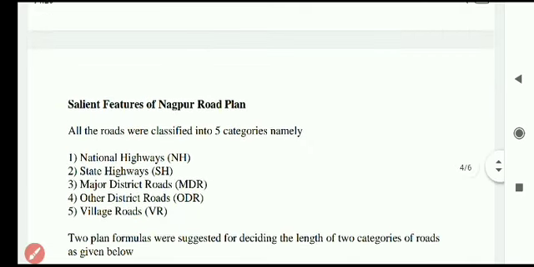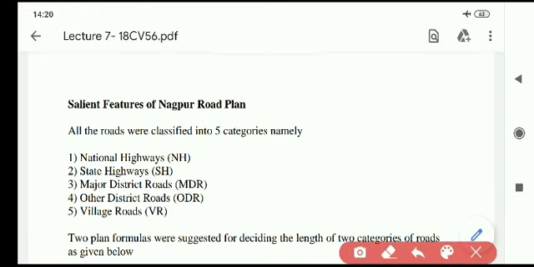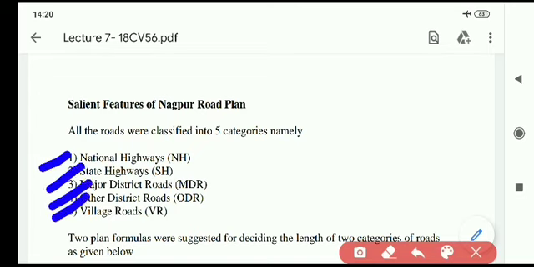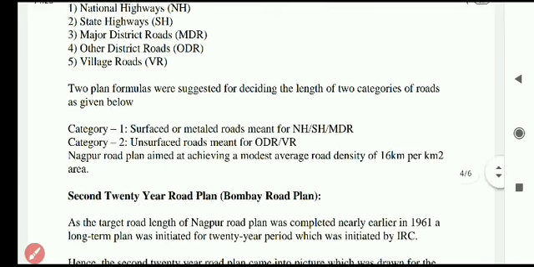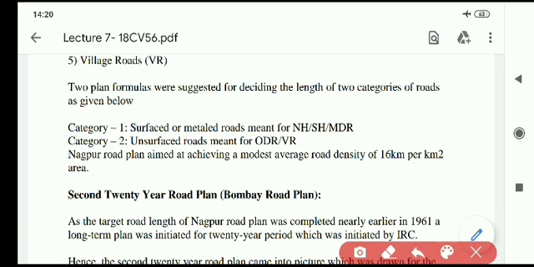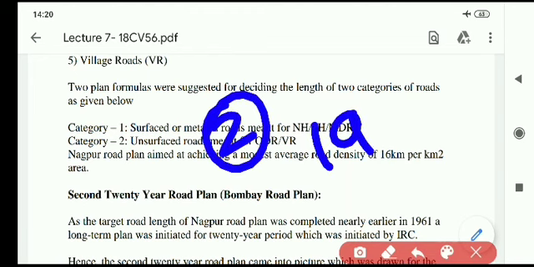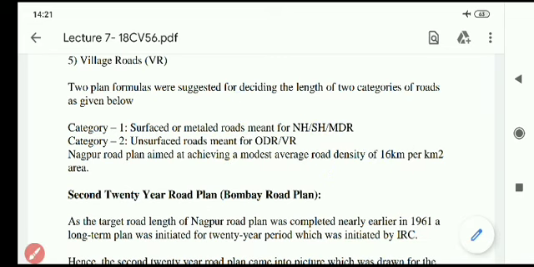According to this Nagpur road development plan, the features are like this. The roads are classified into 5 categories: national highway, state highway, major district road, other district road and village road. Luckily, this plan was completed 2 years early, in 1961. The target was reached about 2 years before.